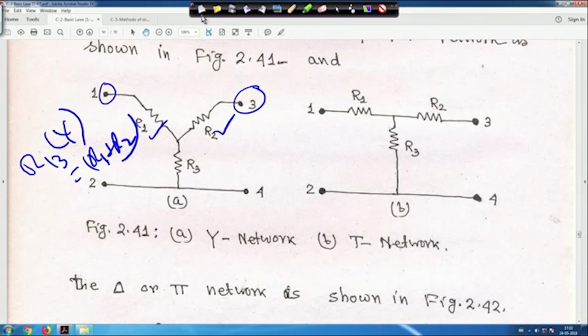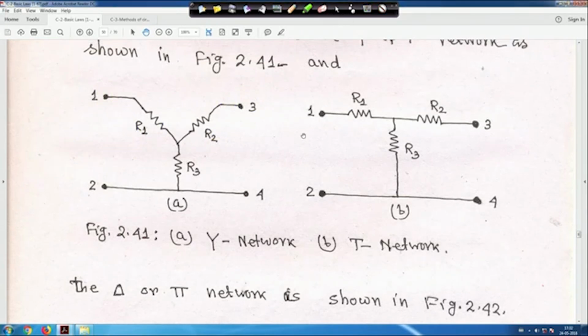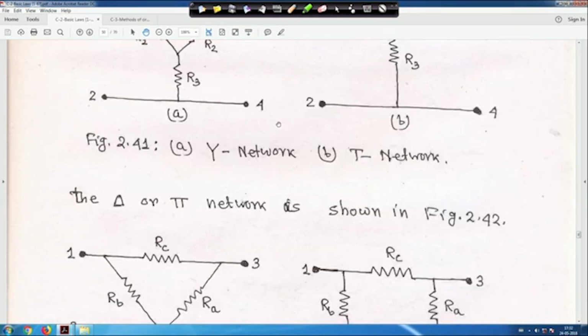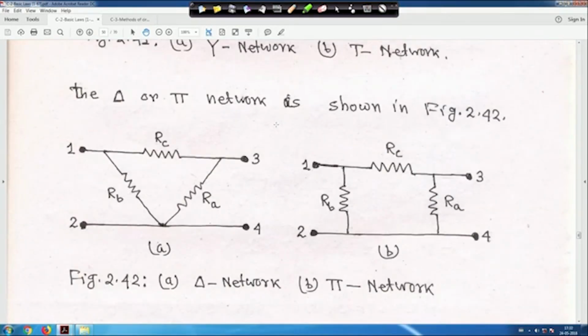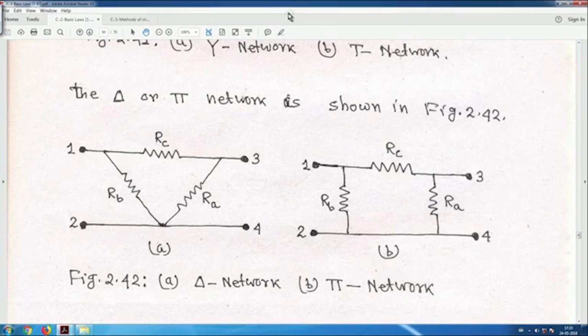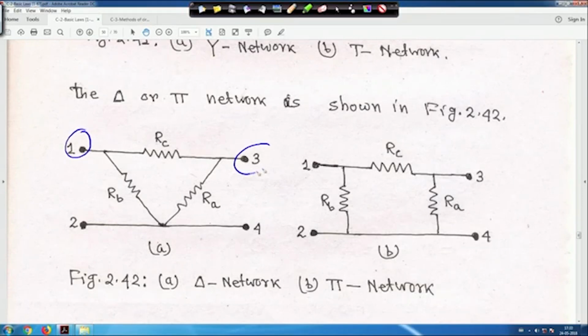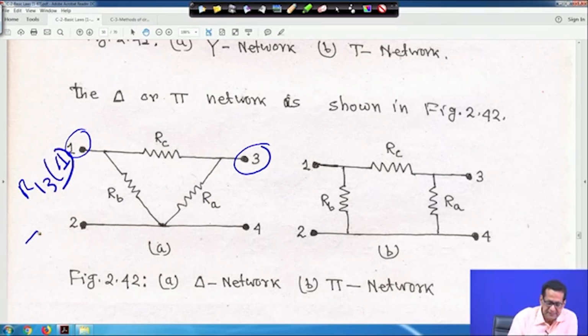Now, when you come to delta, let me mark it: this is your 1 and this is 3. When you come to R13, RA and RB are in series. Therefore, R13 delta is equal to RA plus RB, these two in series, with that in parallel with RC.